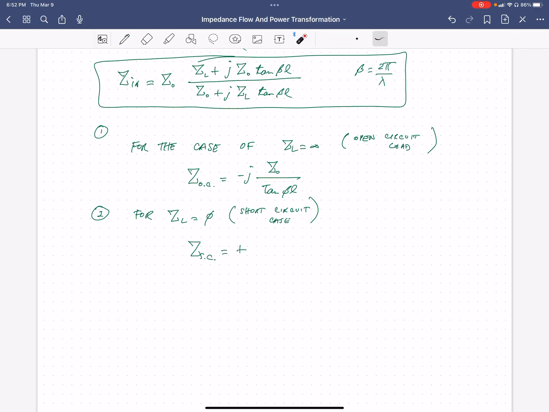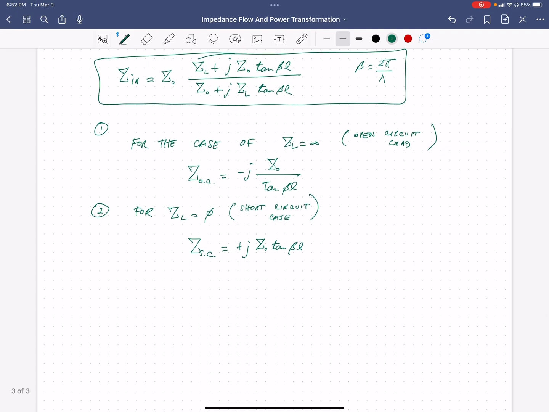When I plug in ZL equal to 0, I end up with plus J Z0 tangent of beta L.